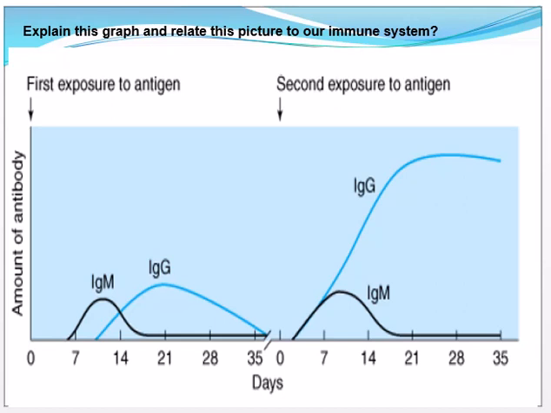the amount of antibody produced by the host. When the host is being infected, the two things we can distinctly observe are in a primary exposure, when the host is exposed for the first time, the two immunoglobulins or antibodies, particularly IgM and IgG, will appear at almost the same time.